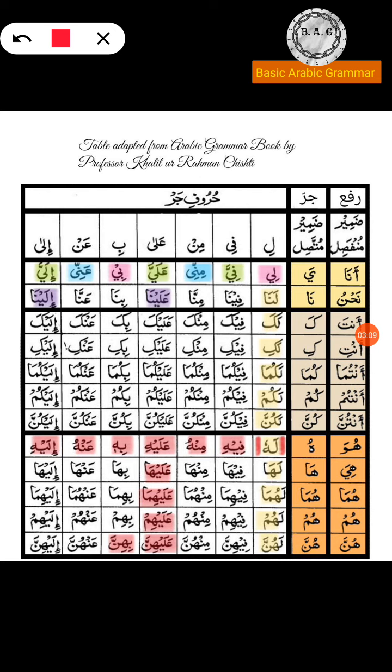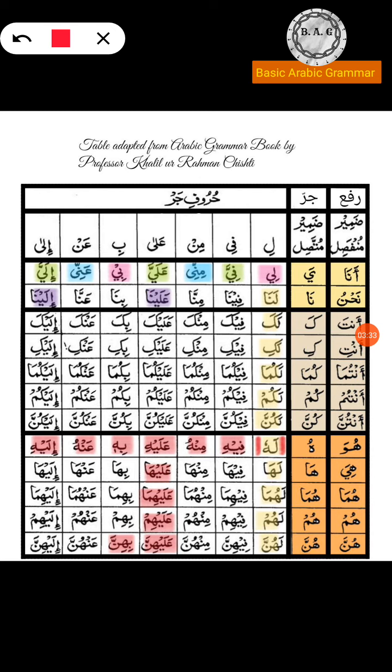Since we are studying the jar pronouns, we are studying the jar majroor fragment. Therefore, it has to be the jar pronouns and not the nasab pronouns. If you remember from our earlier lessons, the nasab and jar pronouns in Arabic are the same. We have the same structures and the same words for them.